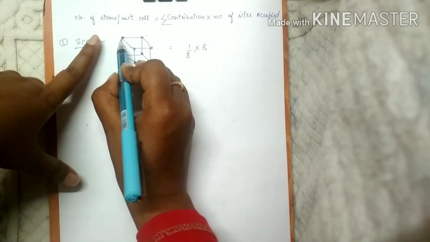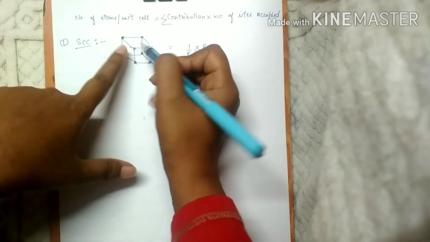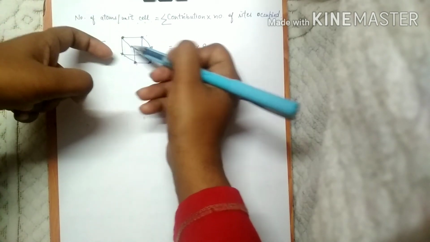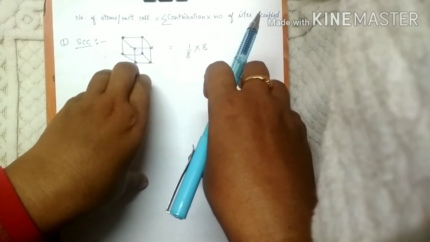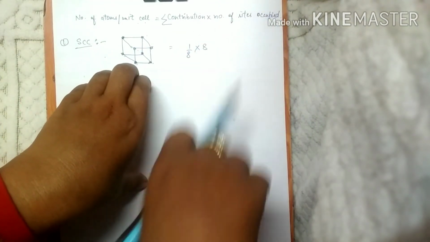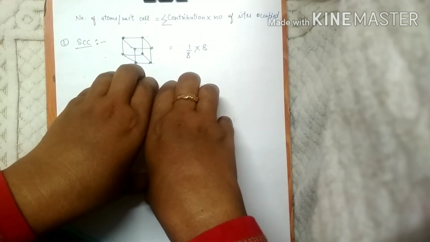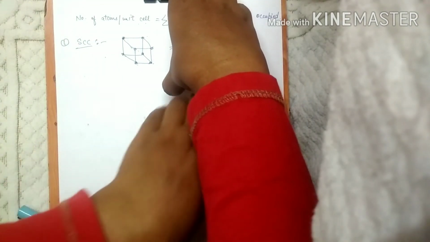How? One unit cell will be present adjacent to it. One will be behind, and one will be adjacent. One unit cell is here, the other is adjacent to it. Next will be behind this, and the fourth will be behind this unit cell.